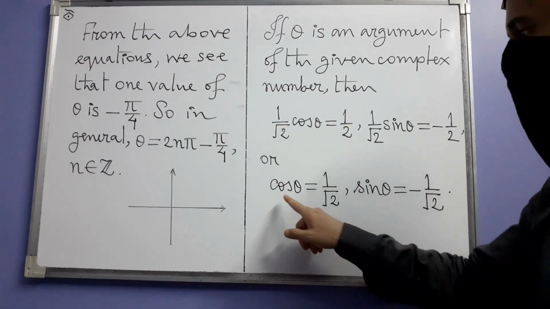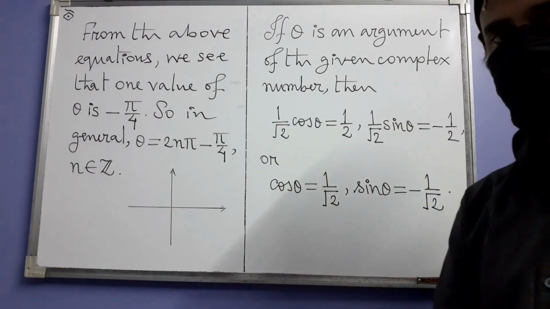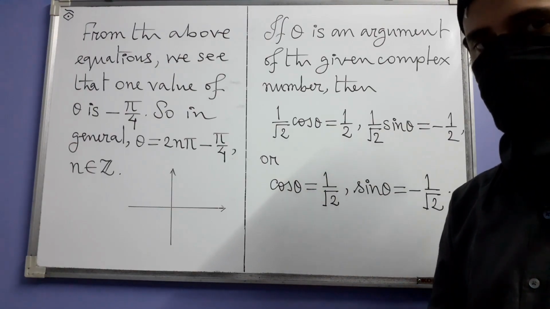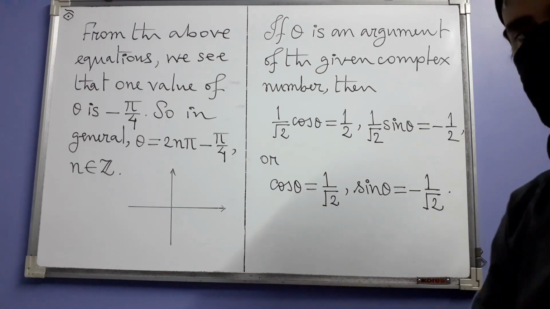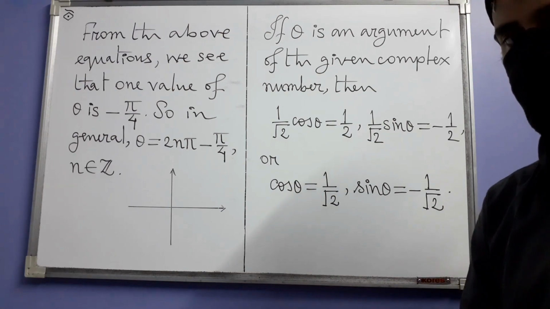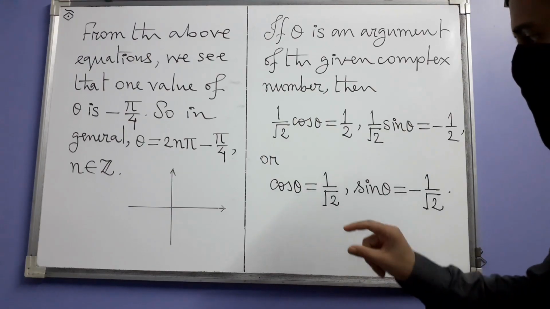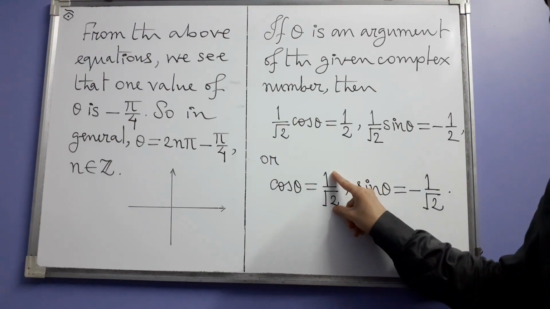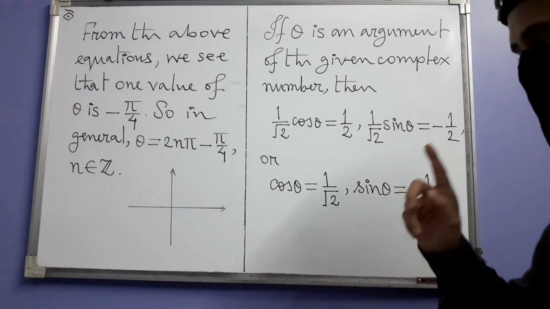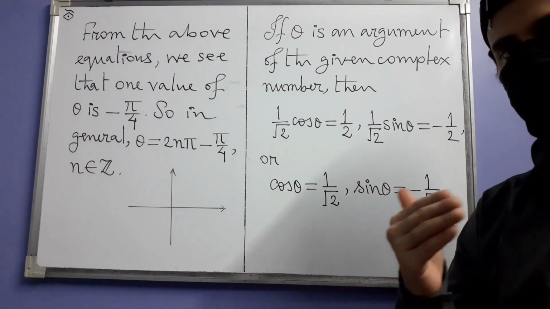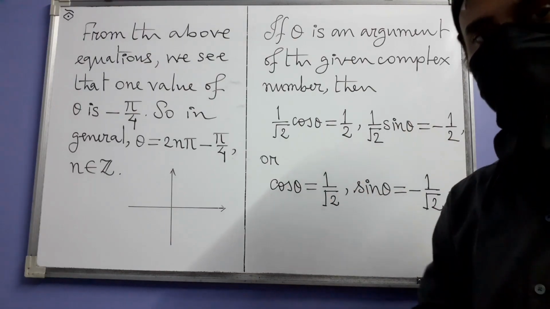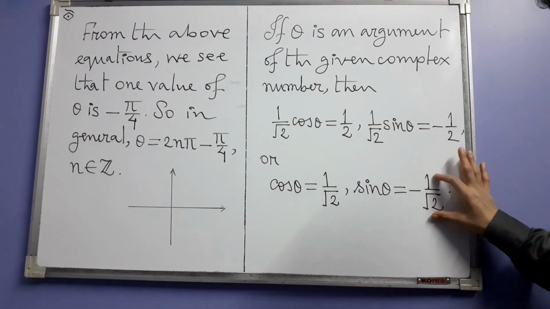Why? Because cosine of minus pi divided by 4 is equal to cosine of pi divided by 4 because cosine is an even function. That is, cos of minus theta is equal to cos theta. And cos pi over 4 is this 1 over root 2. But sine is an odd function. Sine of minus pi over 4 is minus sine pi over 4. So that way we get this.